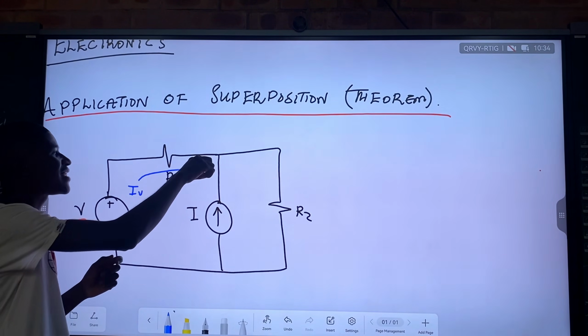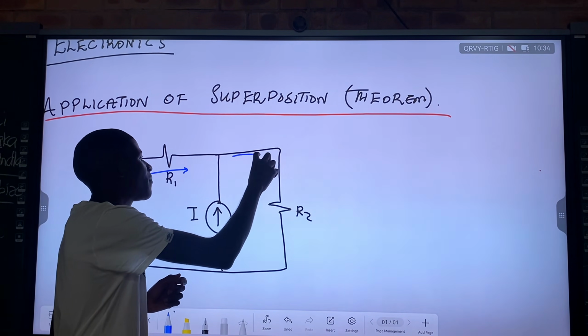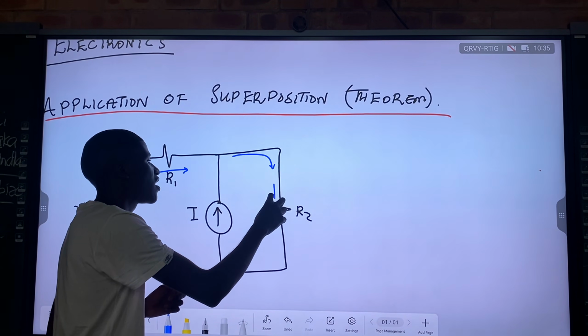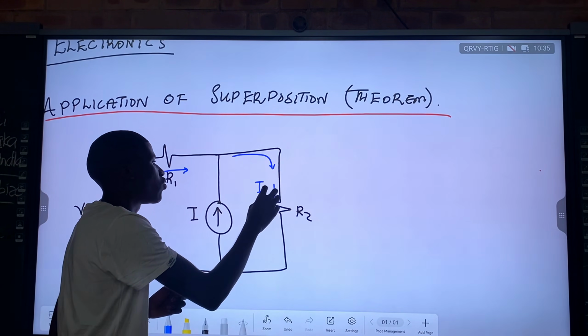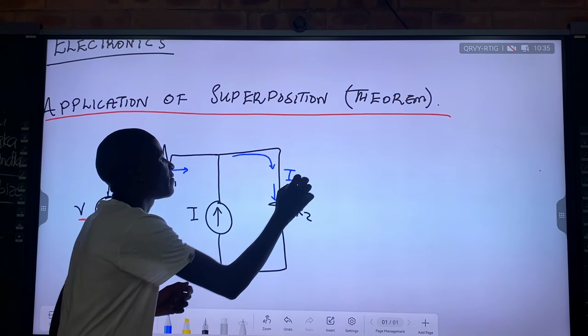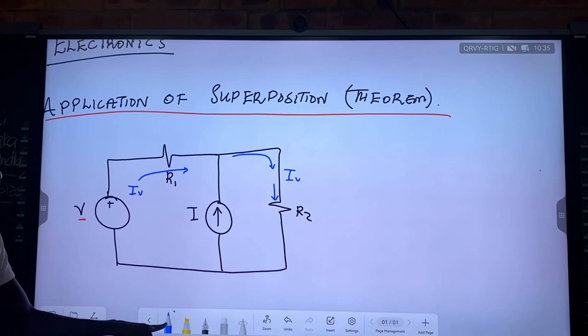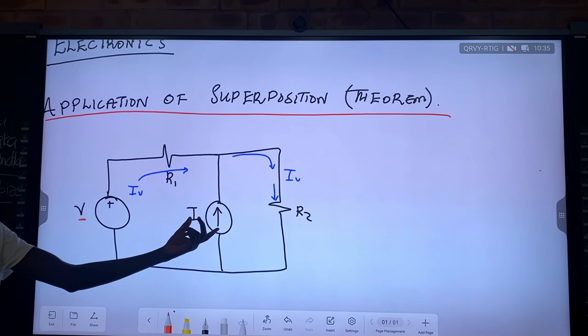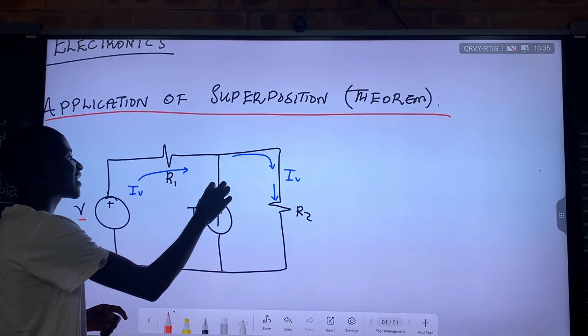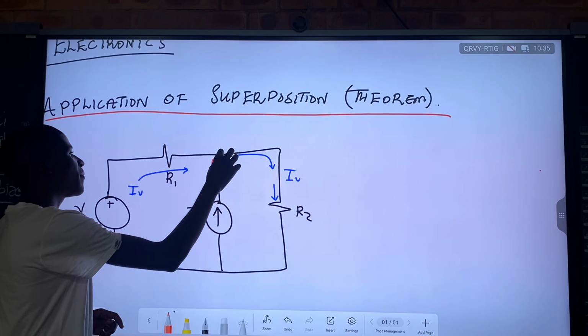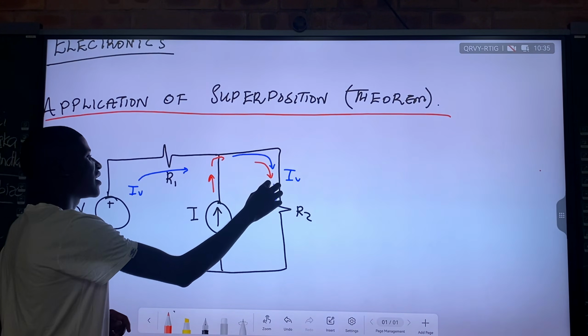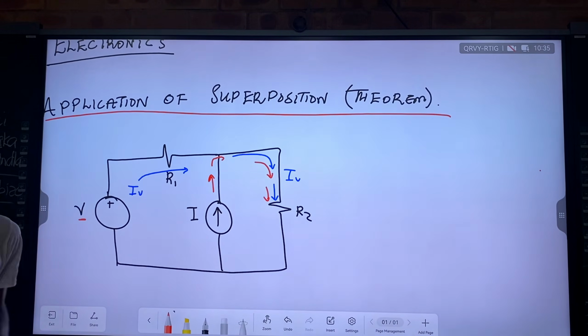Some of this current will go to resistor R2. So we are going to have IV also from the voltage source. And then the current source is producing current I, and some of it will also come into resistor 2.